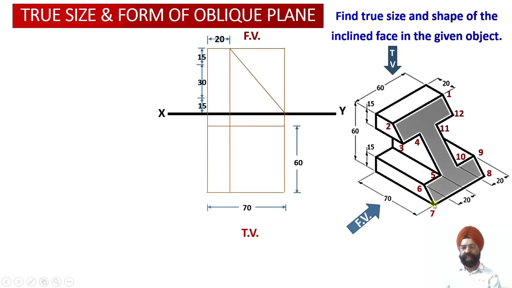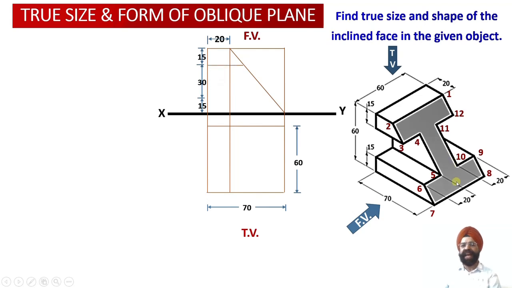So we can see over here, it is the bottom side, that is point number 7 and 8, they will be located over here. Point number 1 and 2, they will be located over here. So this way we have been able to complete one section of this particular front view.